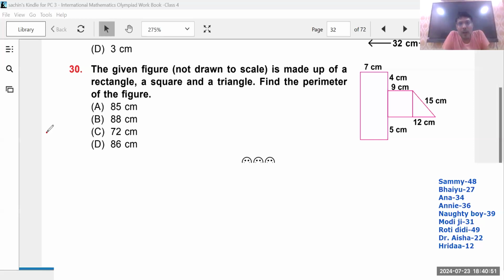So kids, we will do a lot of practice of perimeter after syllabus completion. For now, we're just going to finish with this chapter. But after that, we are going to do a lot of practice of perimeter.